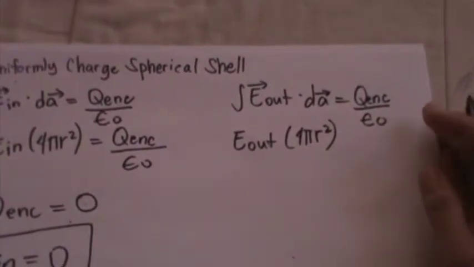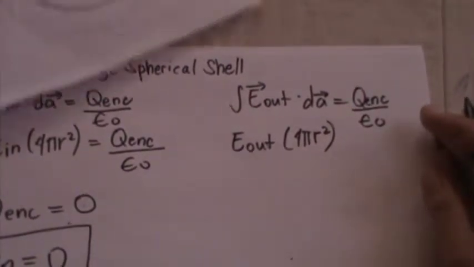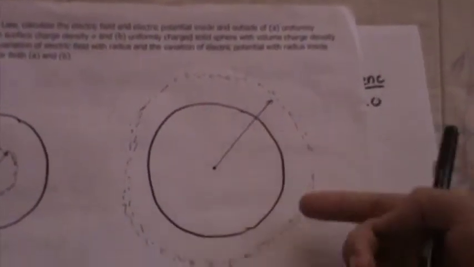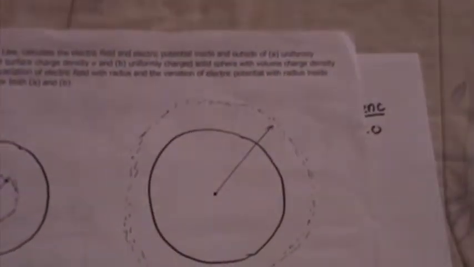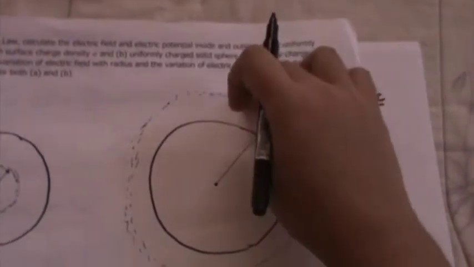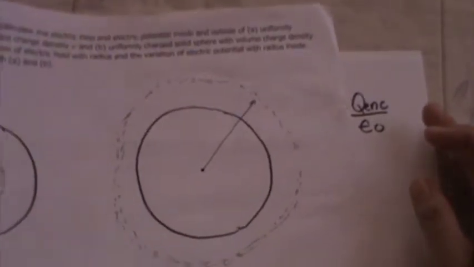Now, since it is outside the spherical shell, and according to the problem the spherical shell is charged, the charge enclosed cannot become 0. Therefore the electric field outside has a value and it's not 0. So let us calculate for that one.